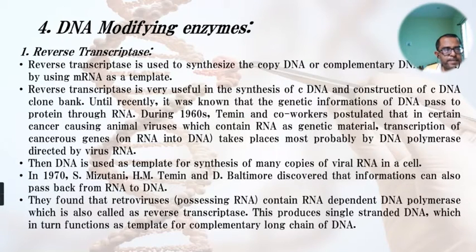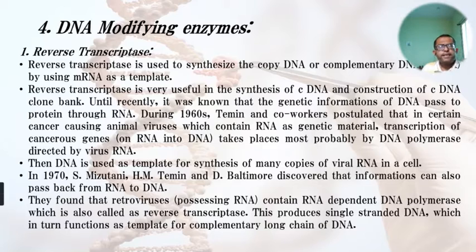This enzyme converts the mRNA into a single-stranded DNA molecule, which is complementary, meaning an exact copy of that gene. So that's why it is known as complementary DNA library.